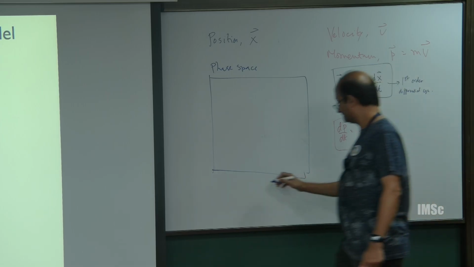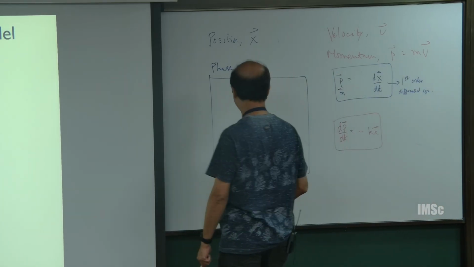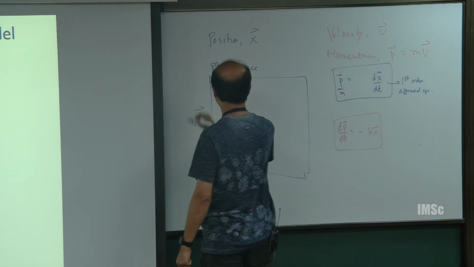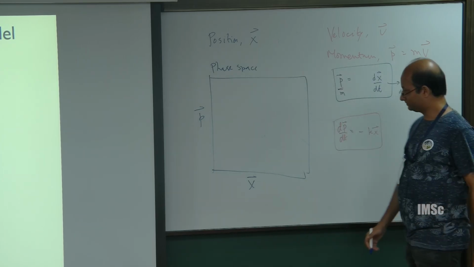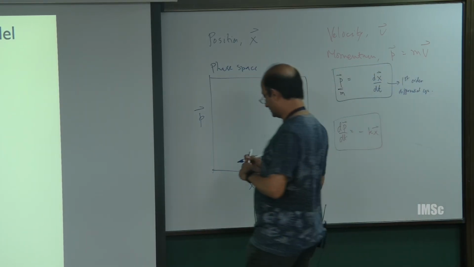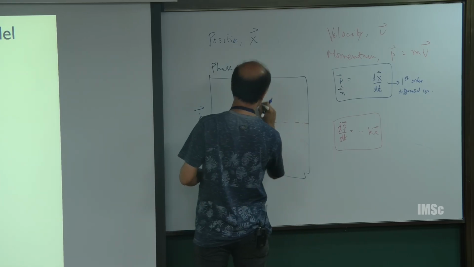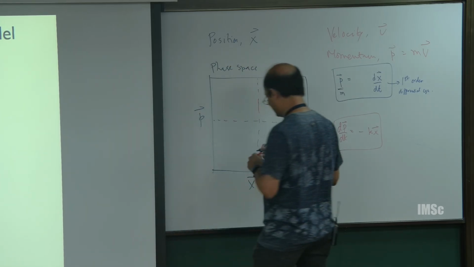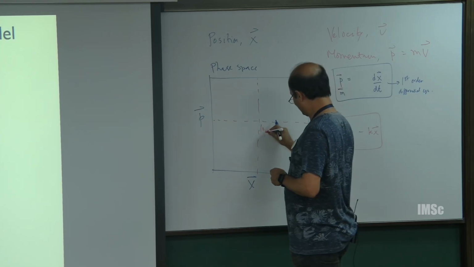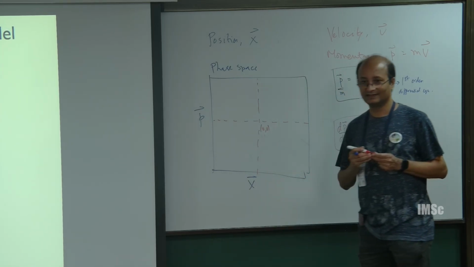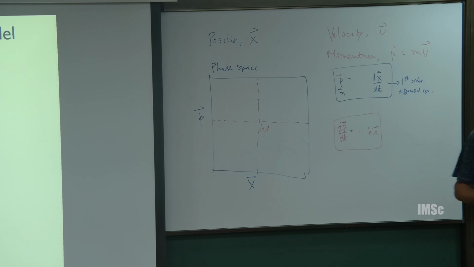So, x and p. What I am going to do is create a coordinate system. So, this is 0, 0. Now, what is the behavior of the system going to look like in this position momentum space?